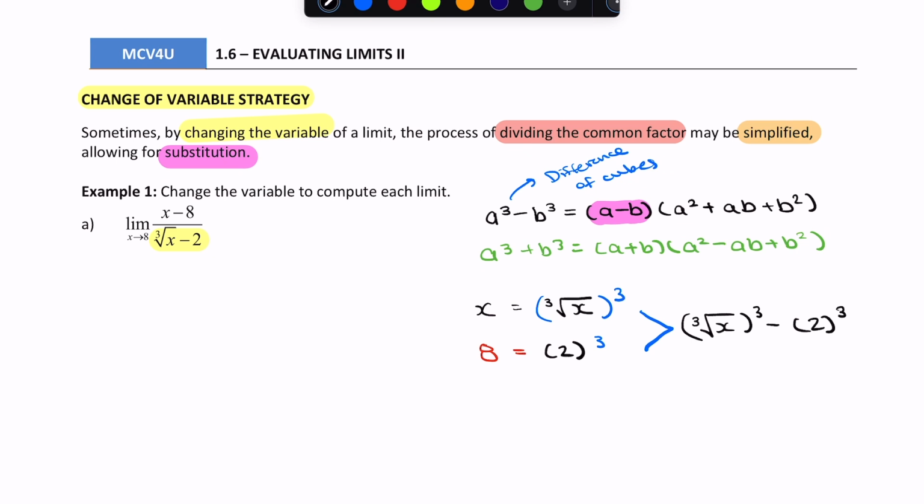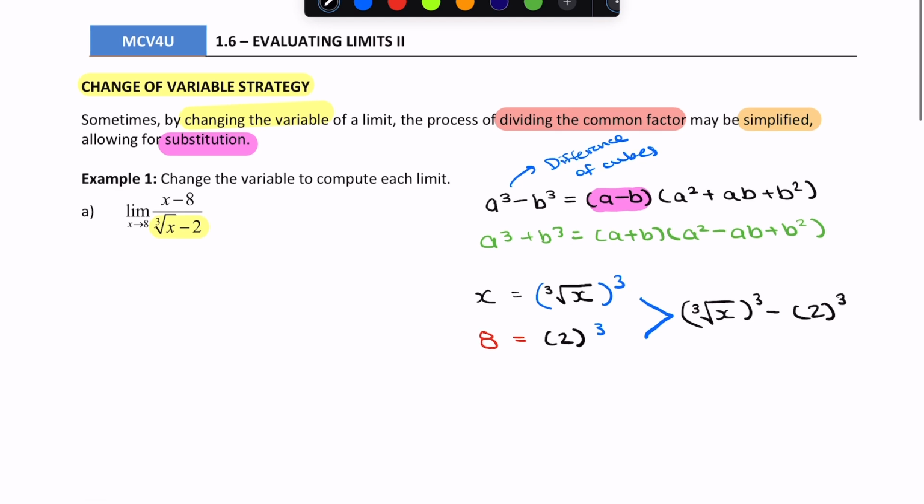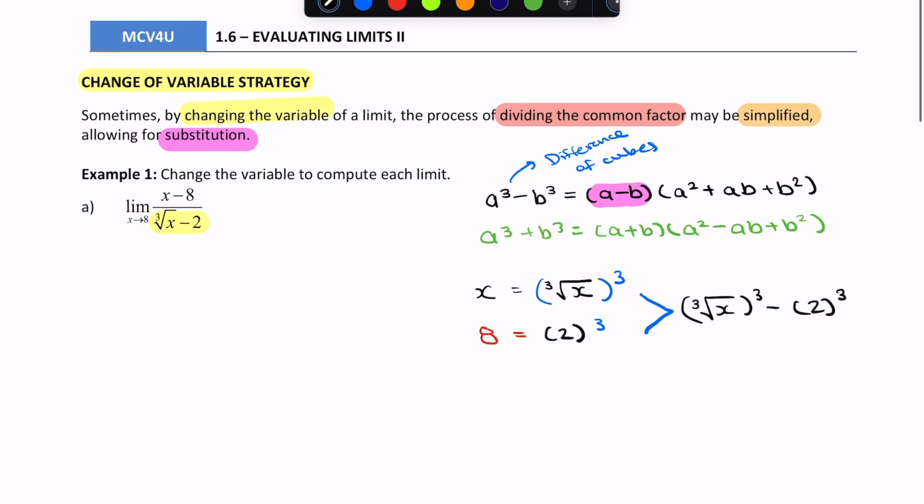So if we look at the cube root of x, we let the cube root of x equal another variable. In this situation, we'll make it a. So let's make the cube root of x equal to a.